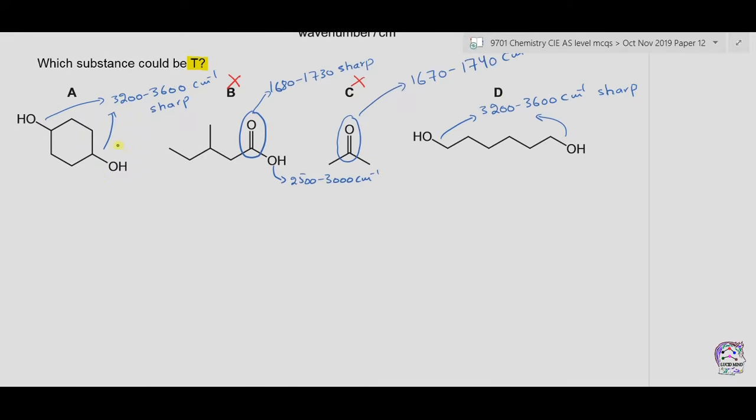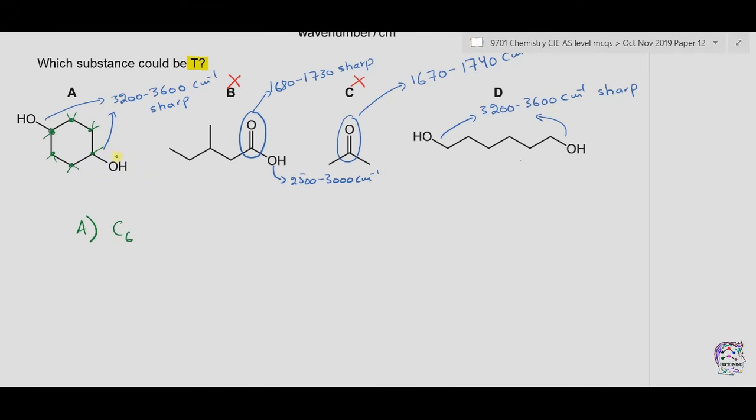Now let's find out the molecular and empirical formula of A and D. For A we have 1, 2, 3, 4, 5, 6 carbon atoms, so C6, and with these carbons there are 2 hydrogen atoms present, and with this carbon there is 1, and with this carbon there is 1 hydrogen atom.